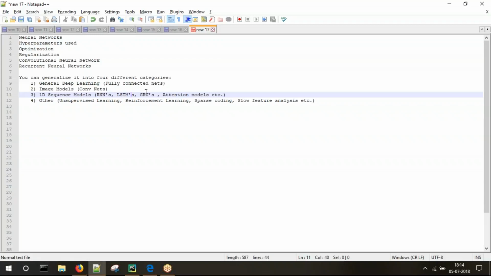In sequence models, the sequence of the data is very important. When I'm talking about voice recognition or voice translation from English to Hindi or another language, the sequence is very important. So for that, we use what is called a sequence model. You can use LSTM, which is long short-term memory, or GRUs, which are gated recurrent units.